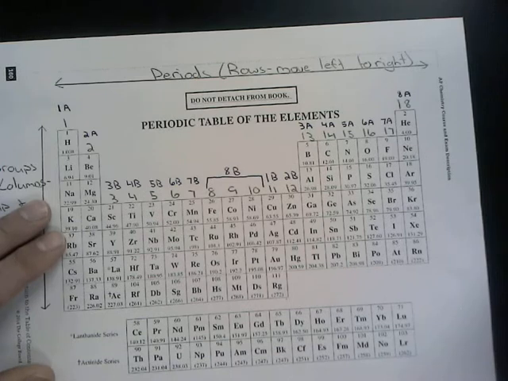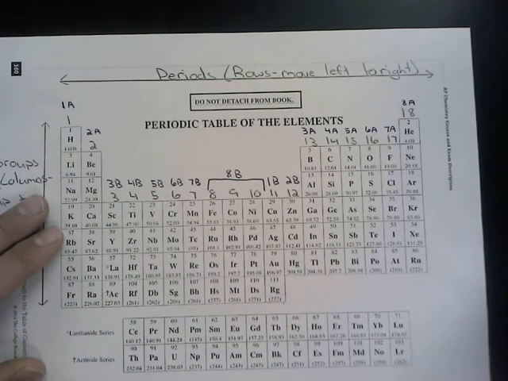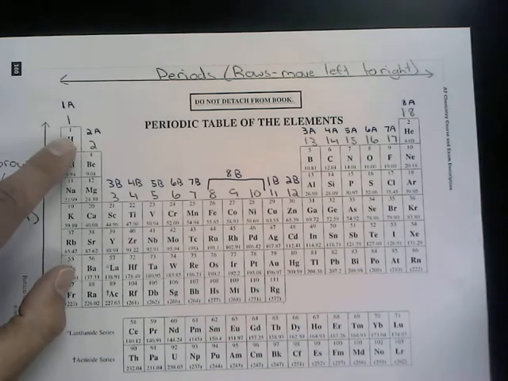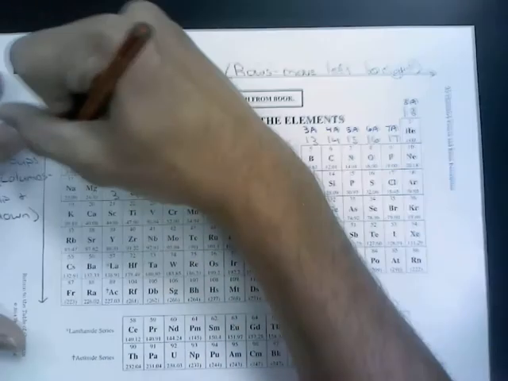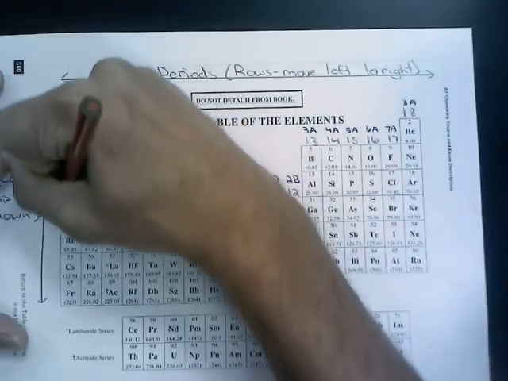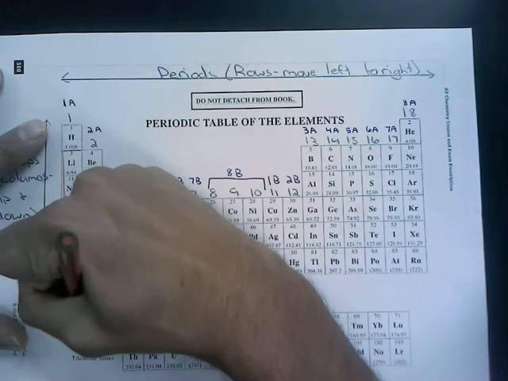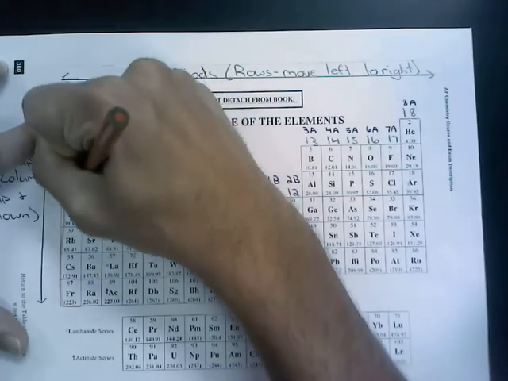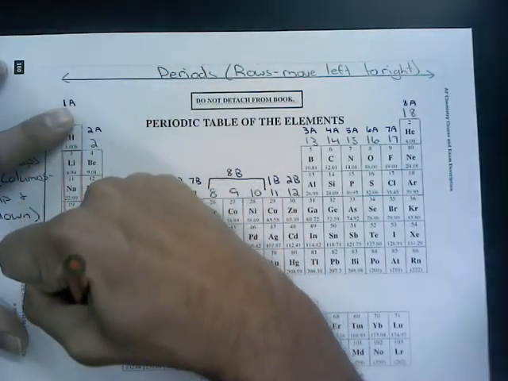Now, one thing that is unique about the alkali metals is that they include every group 1 element except hydrogen. Hydrogen's actually a non-metal. So again, I'm going to highlight this in red, and then I'm going to move to our next set of elements.